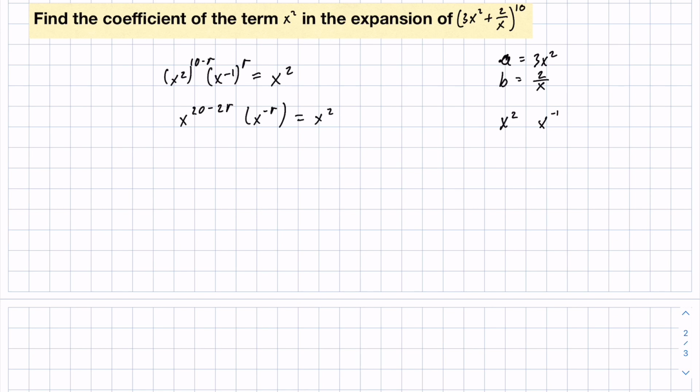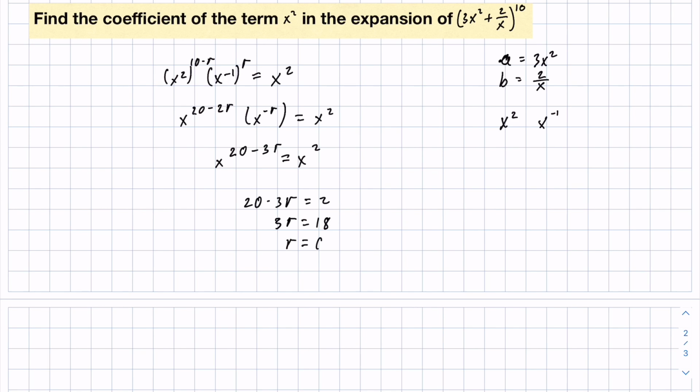So it's going to be x to the power of 20 minus 3r, which is equal to x squared. We have the base as the same, and that's x. All we need is the exponents to be the same. So for that, 20 minus 3r is equal to 2, and that means 3r is equal to 18.